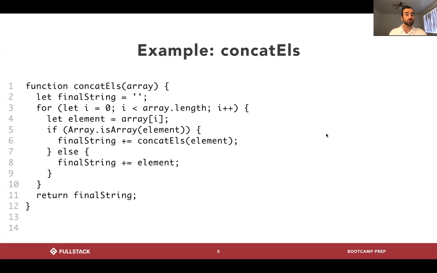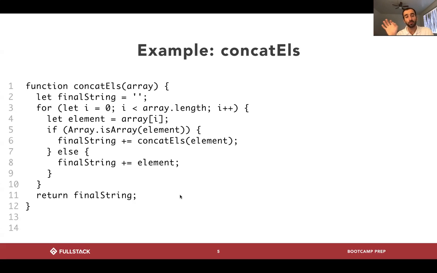So if we go through this, the last thing we do is return the final string. This happens every time we have an array, we're going to end up returning a final string. However, the final string in the subsequent, the second, third, fourth, or whatever copies of the function that get created, is the final string for that function.